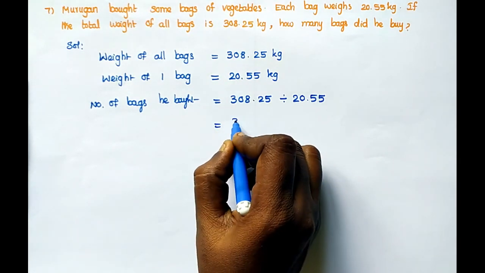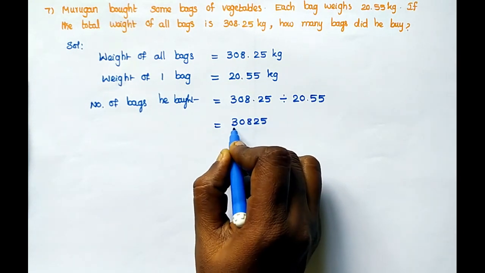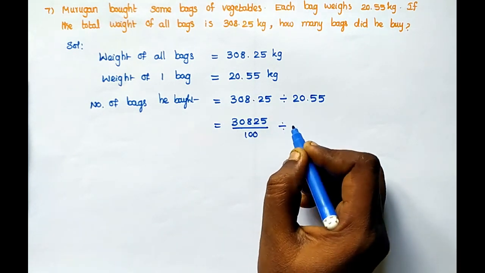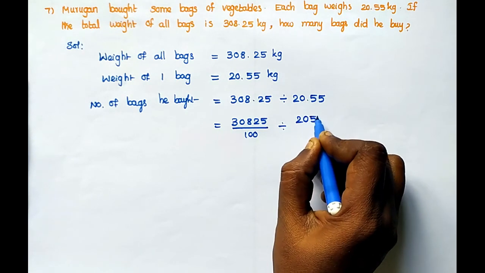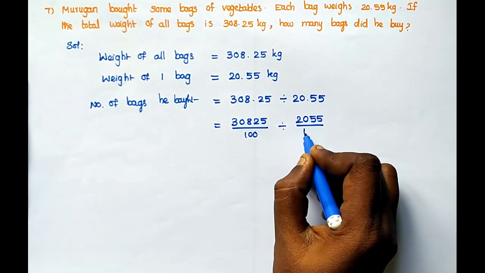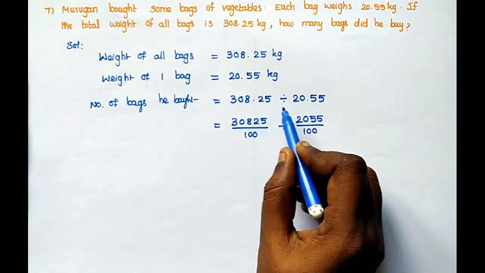Write in fraction: 30,825 divided by 100 divided by 20.55, which is 2055 divided by 100 also, because after the decimal point 2 digits are there.